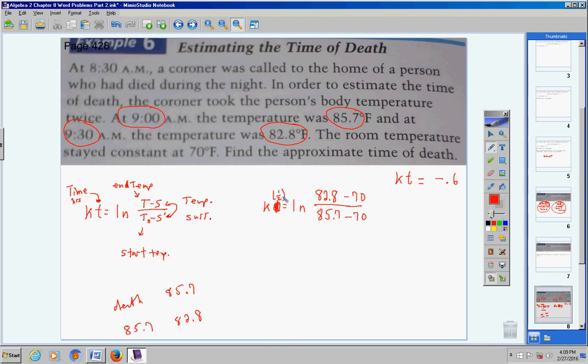So now I have 1/2 K equals, type all this into your calculator, and you're going to get negative 0.20422. That's rounded. Now divide both sides by 1/2, and look what you have. K equals negative 0.4.